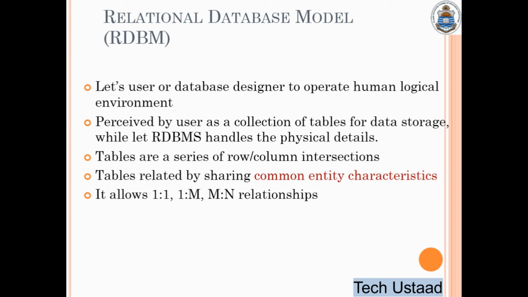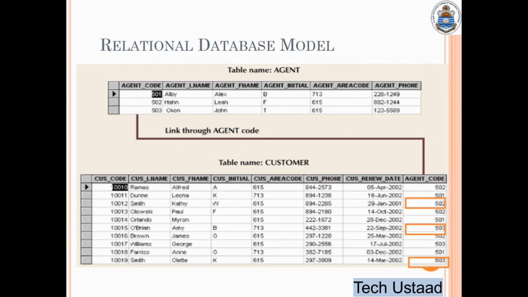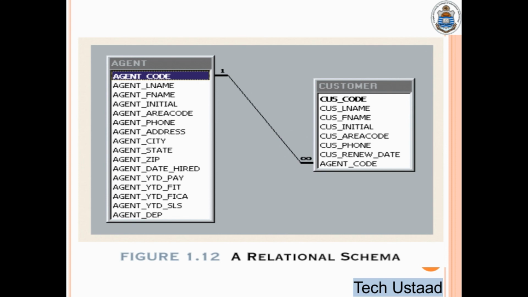Tables are related by sharing common entity characteristics like foreign keys. It allows one-to-one, one-to-many and many-to-many relations. In simple words, the relational database allows tables to have relationships between them by sharing common entity characteristics.